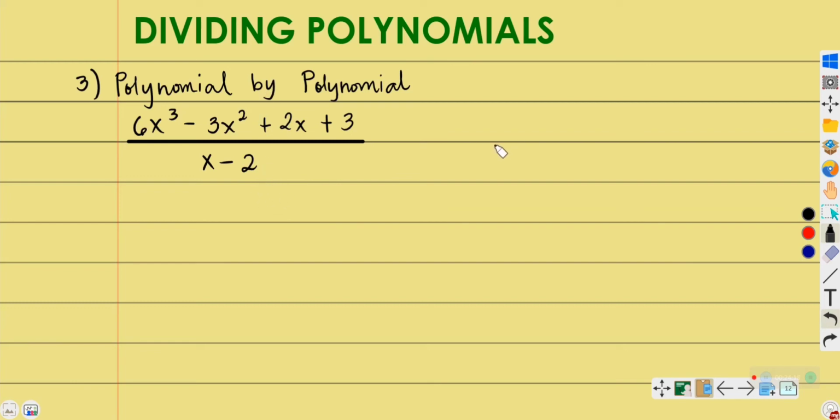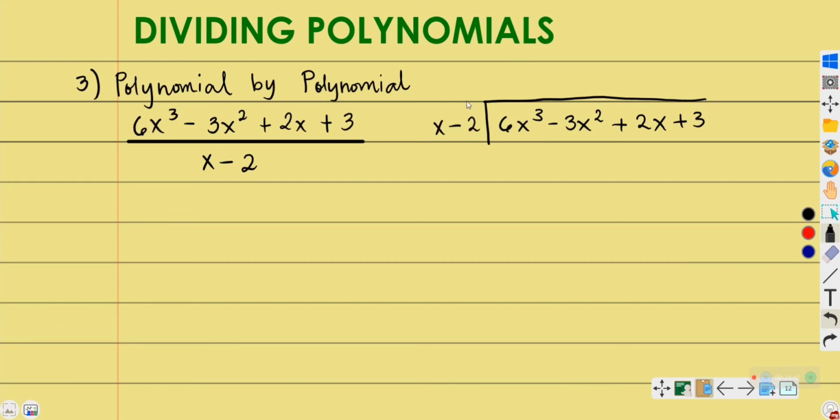So, sulat na natin ngayon sa loob yung dividend. 6x cubed minus 3x squared plus 2x plus 3. Okay. And then sa labas yung divisor x minus 2.